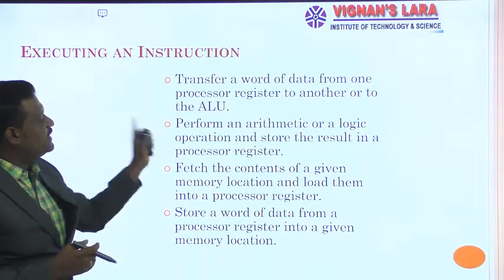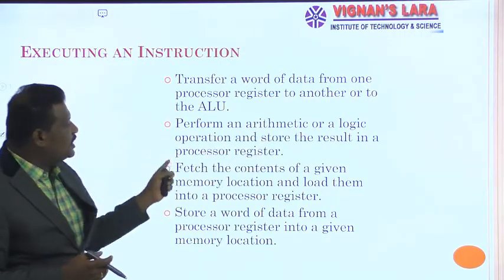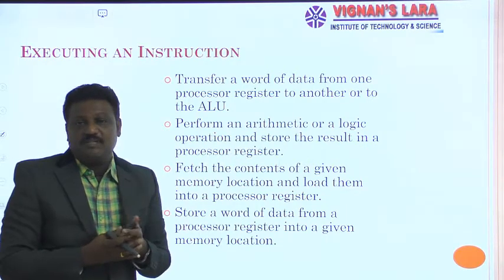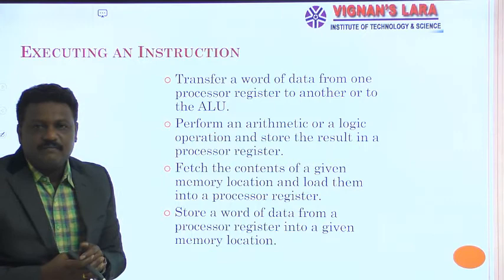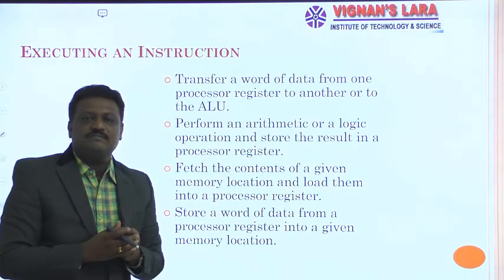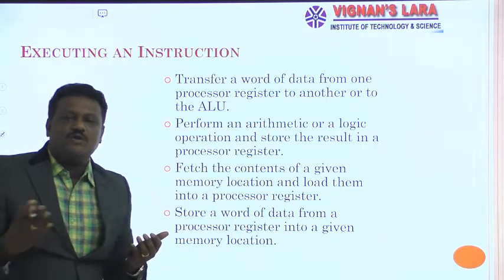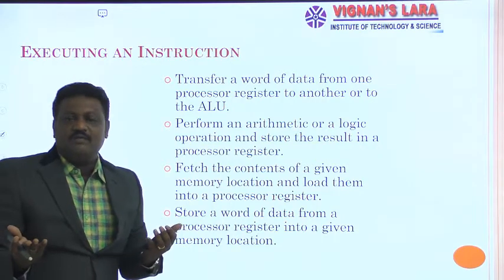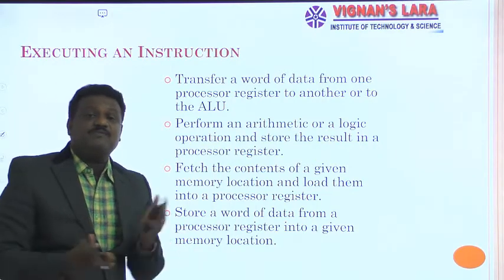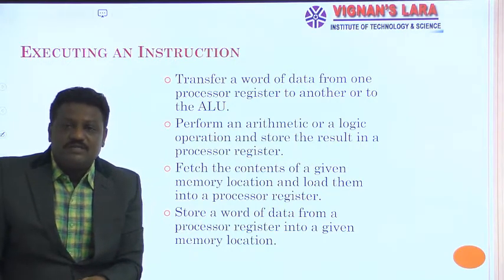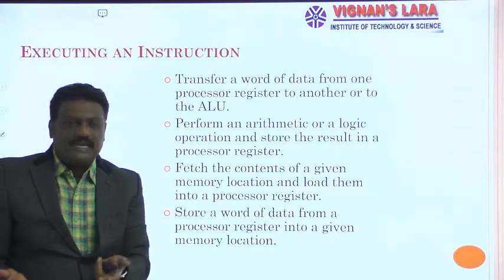And the second one is to perform an arithmetic or a logical operation and store the result in a processor register. I can perform either an arithmetic operation or a logical operation on the input values. After performing the operation, the result can be stored in one of the internal CPU registers. That is the second possibility.